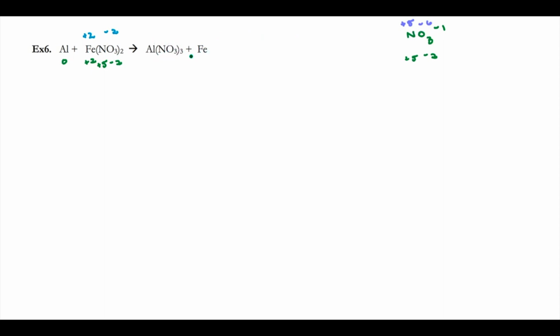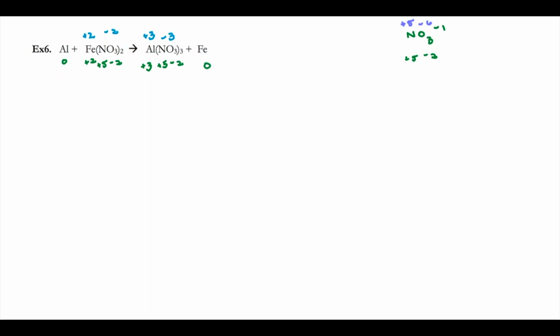Nitrate is NO3 minus, so the oxidation number of oxygen is -2, nitrogen is +5. But here, since I have 3 nitrates, that contributes an overall charge of -3. So to cancel out that -3 to get no charge overall, I need +3. So +3 will be the oxidation number of aluminum, and iron will be an oxidation number of 0 since it's an atom all by itself.